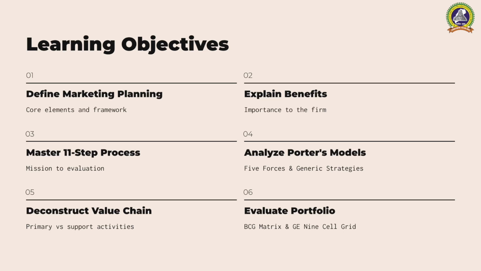Fifth, you will be able to deconstruct the value chain model, differentiating between primary and support activities. Sixth, you will be able to evaluate business units using the BCG growth matrix. And finally, apply the GE 9-cell planning grid to understand more about portfolio strategies.